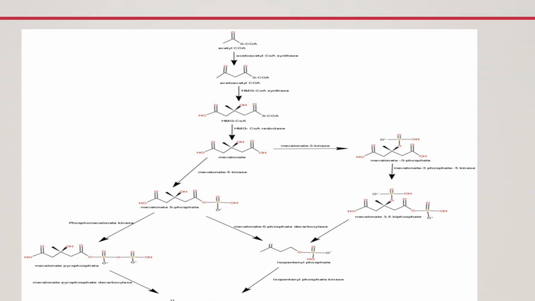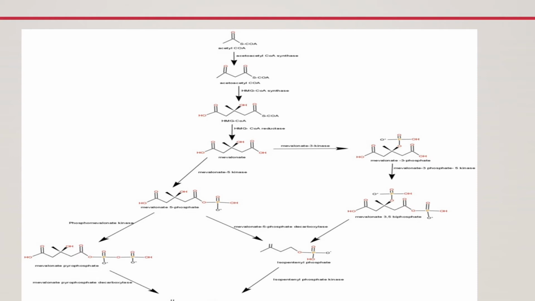Mevalonate 3-kinase forms mevalonate 3-phosphate, and when the phosphate group is attached to the 5 position, it is mevalonate 5-phosphate. This mevalonate 5-phosphate is phosphorylated to yield mevalonate pyrophosphate.